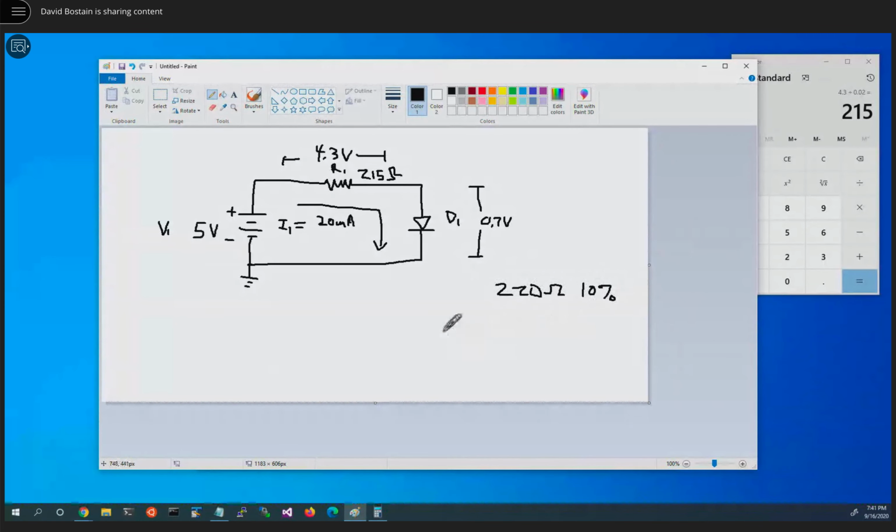So the actual value of this resistor is going to be 220 plus 22, or 220 minus 22. So that means this actually could be a value of 242 ohms. Or it could be all the way down at, what's that, 198 ohms.